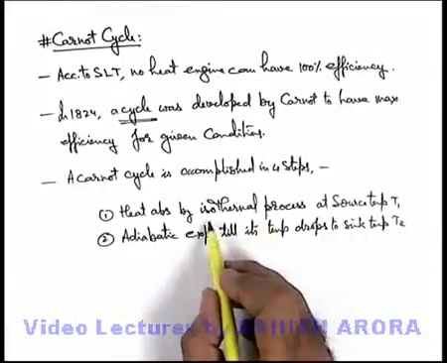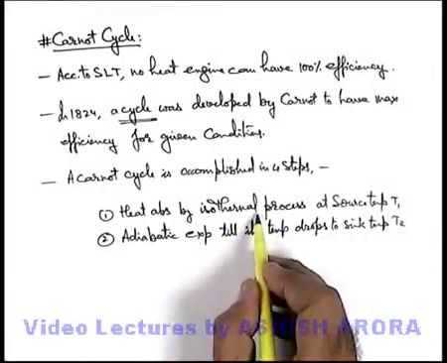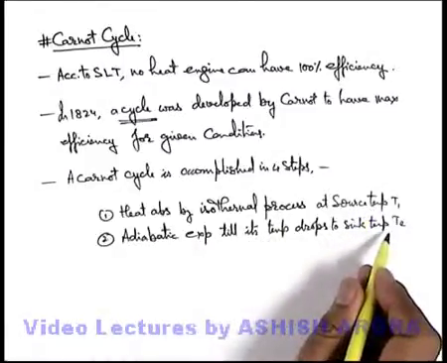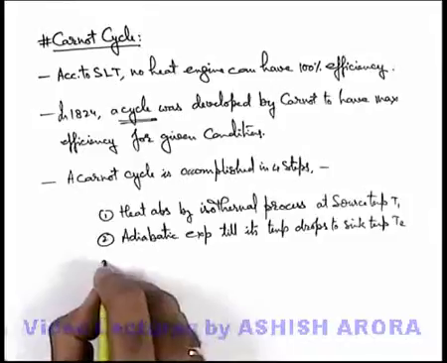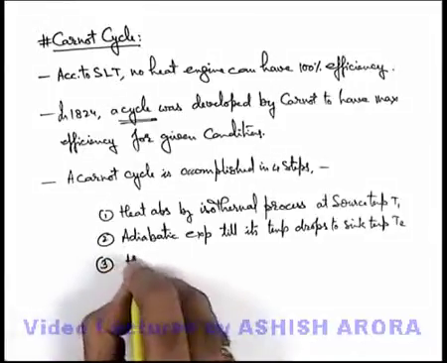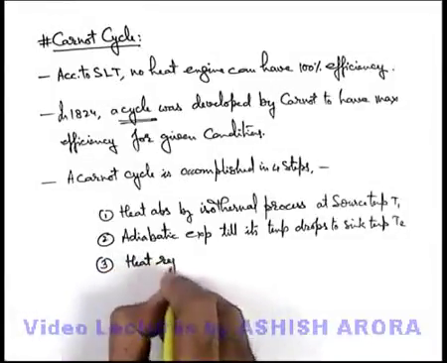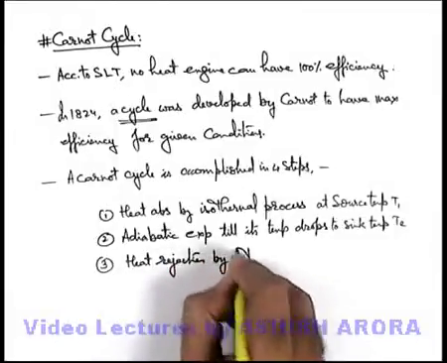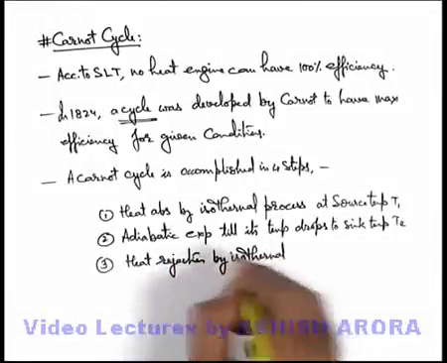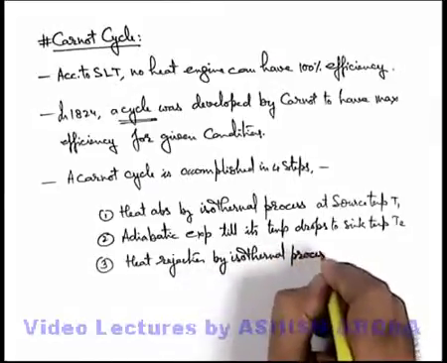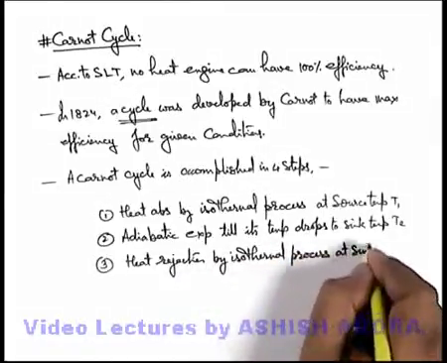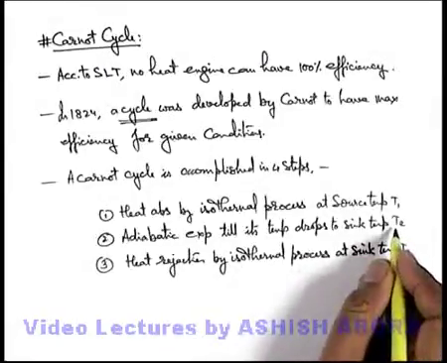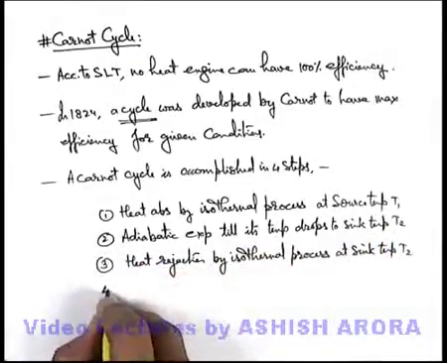That means initially the gas is supplied heat at the source temperature, then it is expanded till its temperature drops to sink temperature. Now the third step is heat rejection, again by isothermal process, which is at sink temperature T2, because the gas was already at T2 due to adiabatic expansion.